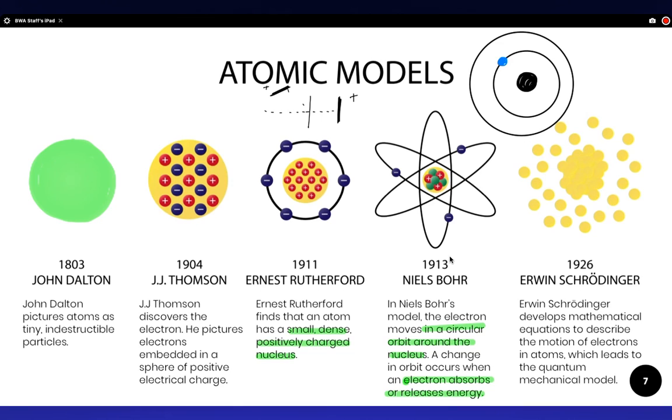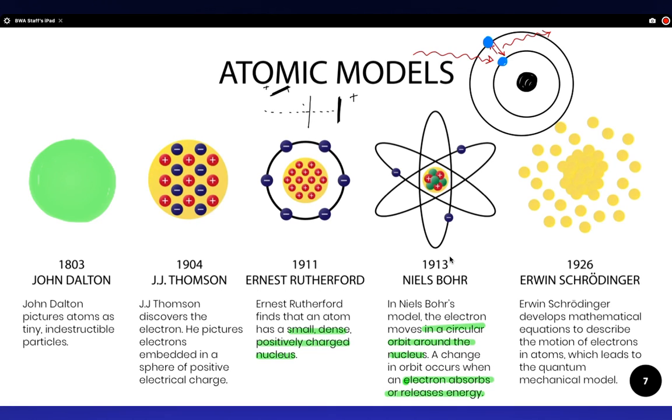If the electron absorbs some sort of energy, this electron can actually jump up briefly to a higher orbital. And then when it moves back down, it has to release the same amount of energy that it absorbed.